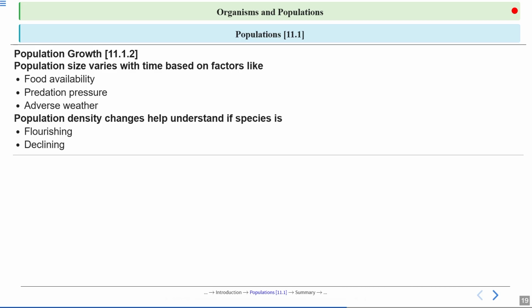Declining means individuals are dying. This might indicate environmental stress or resource scarcity. That's why the population is declining, and the number of individuals is decreasing. Understanding this trend is vital for conservation efforts and ensuring the long-term survival of the species.